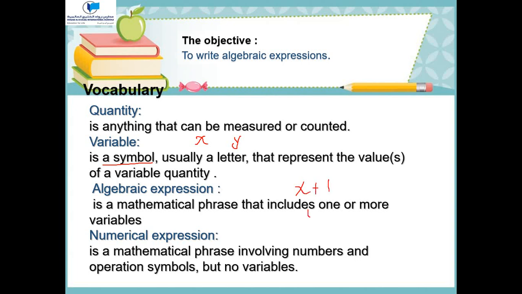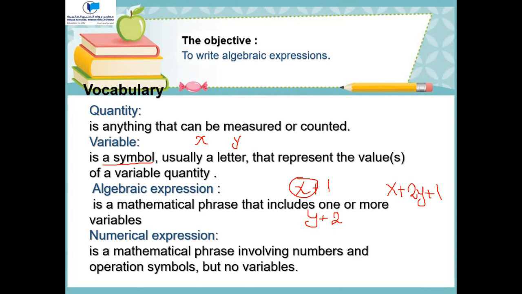We can say y plus 2, we can say x plus 2y, and so on. So an algebraic expression must include a variable. This is the most important thing that you must know.